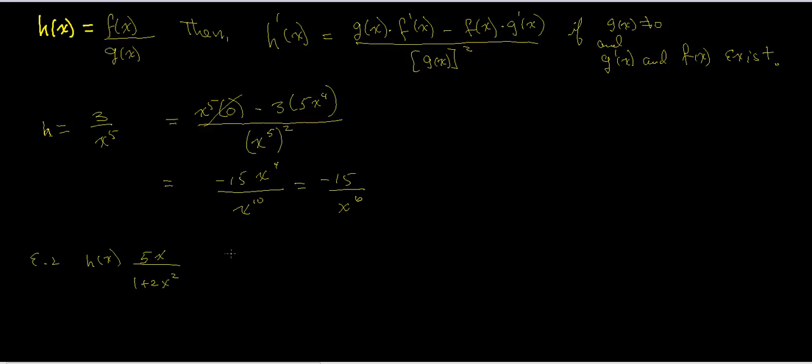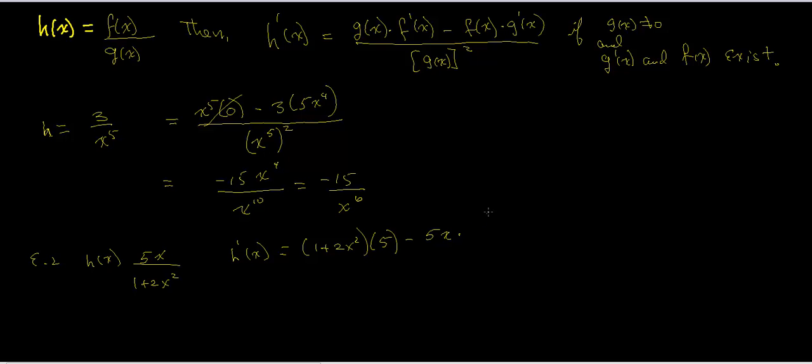So the derivative of h in this case would be the lower function, 1 plus 2x squared, multiplied by the derivative of the upper function, which is going to be 5, minus the upper function, which is 5x in this case, multiplied by the derivative of the bottom function.